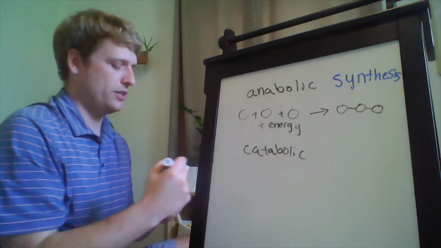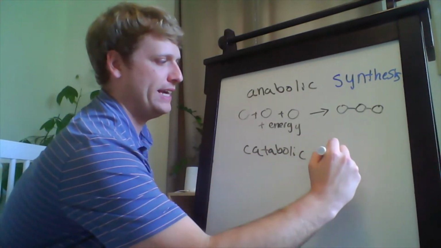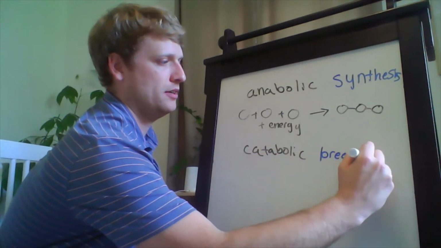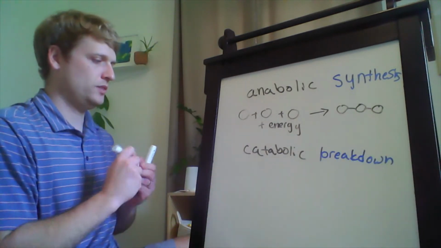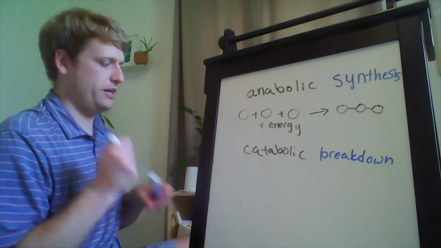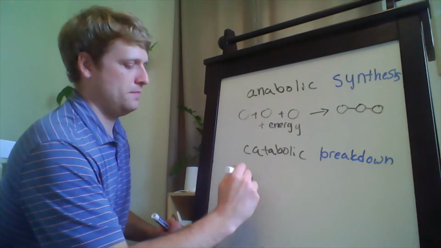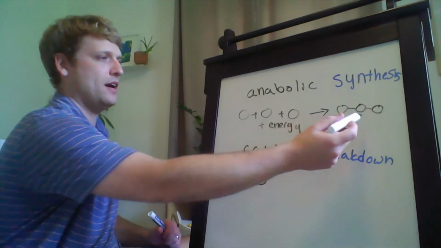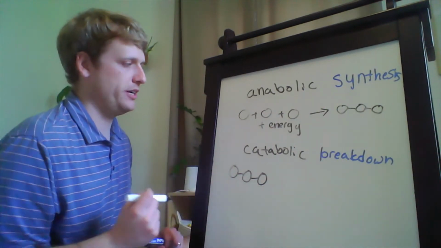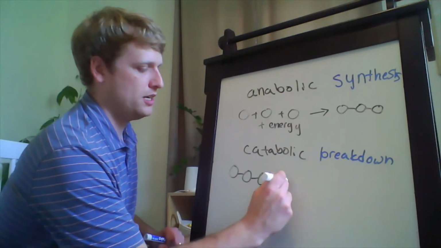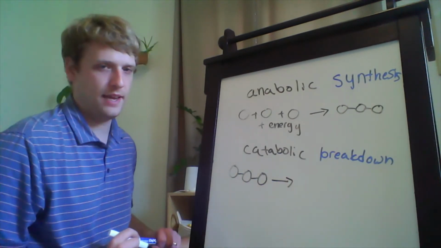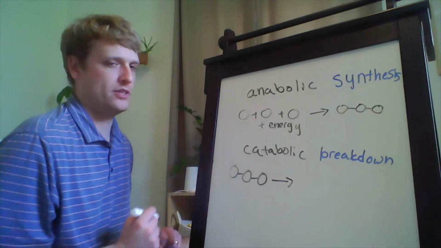Catabolic reactions are going to be the opposite. You're going to be breaking down polymers. So let's draw our little polymer here. We have the opposite. We're starting with the polymer instead of starting with the monomers. And we are removing these chemical bonds between the monomers that make up this polymer.